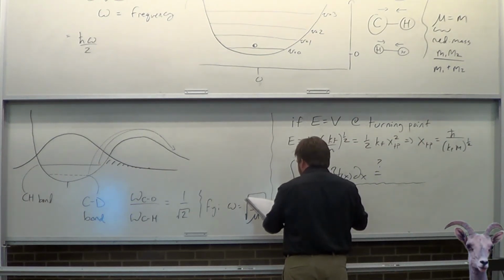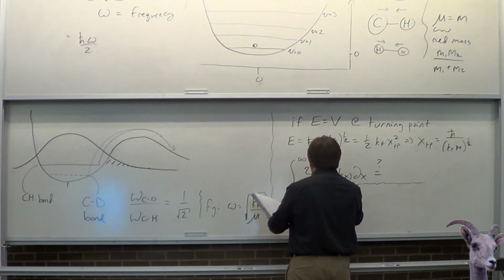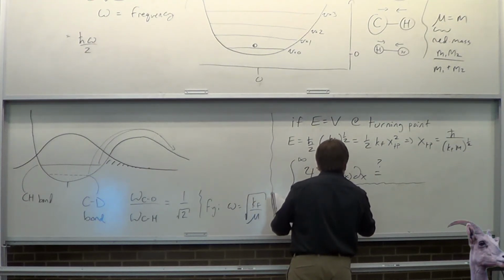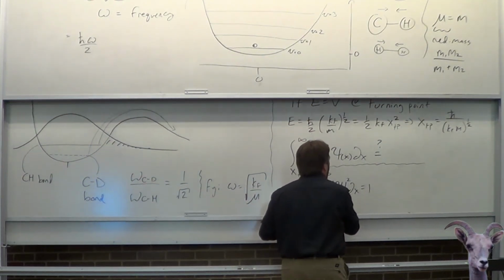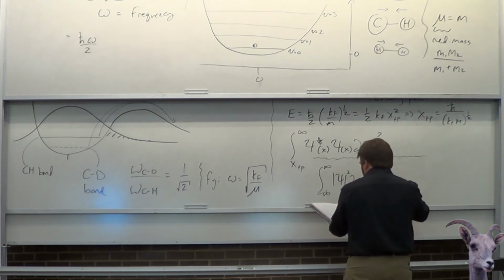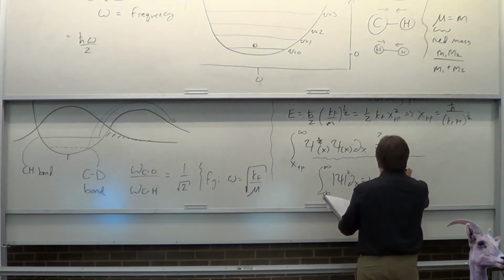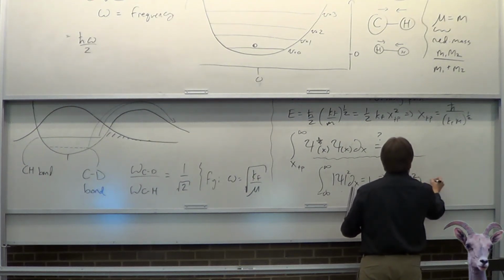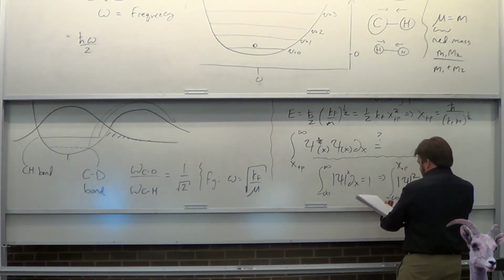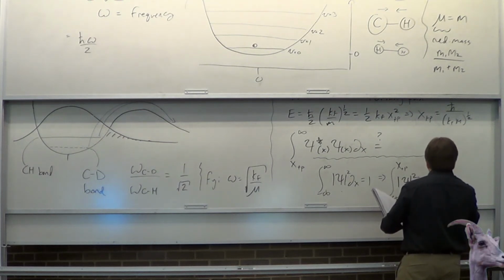Actually, I think I've decided not to, but what you need to do is note that this is equal to 1, do this on an online integrator, and therefore the integral from minus infinity to the turning point. I do have you do a version of this with the hydrogen atom, by the way. So you actually see this behavior in a whole bunch of stuff.